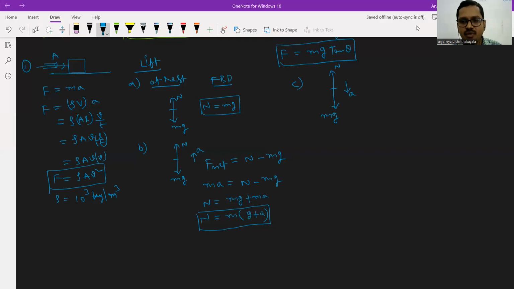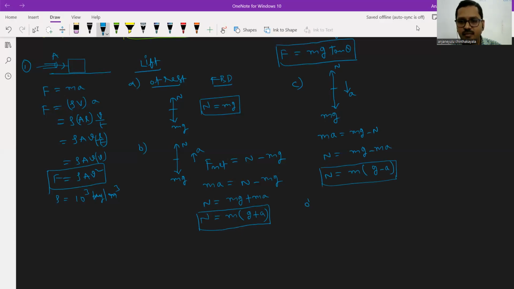The same as before, F net, mass into acceleration, is equal to mg minus N. Taking the N value to the left side, N is equal to mg minus ma. Similarly, taking m common, it is m into g minus a. So g minus a means the weight of the person is decreasing here.